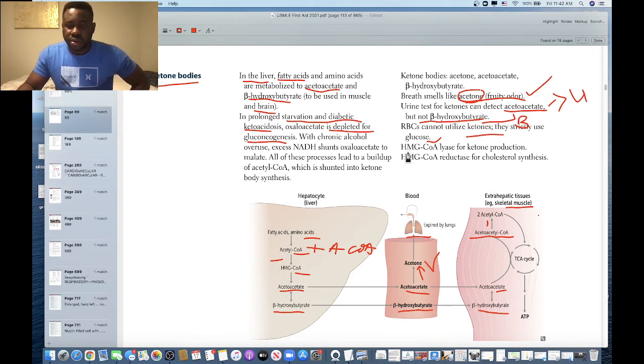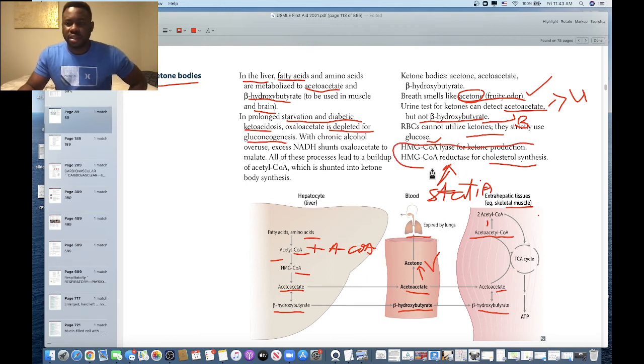Now HMG-CoA lyase is for ketone production, but HMG-CoA reductase is for cholesterol synthesis. That's why we give patients the statins. The statins block HMG-CoA reductase. So just take note of this.